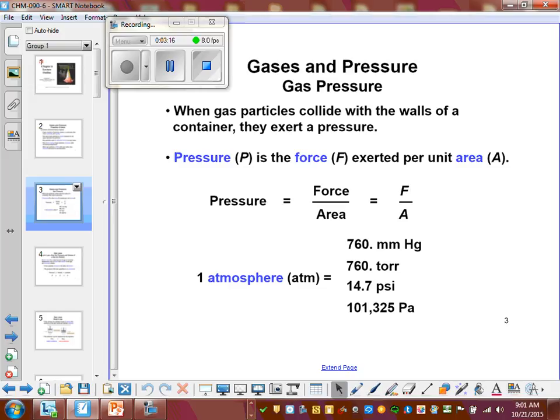You may have heard the term millimeters of mercury if you watch weather reports. Let's say the pressure is so many millimeters. When pressure goes down, you hear the barometer is falling. That's associated with bad weather. Low pressure systems are usually rain. High pressure systems, like we're having now, are associated with good weather.